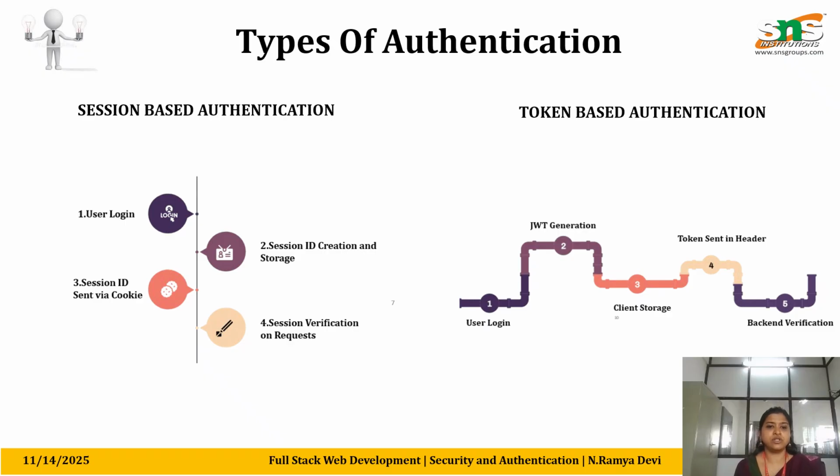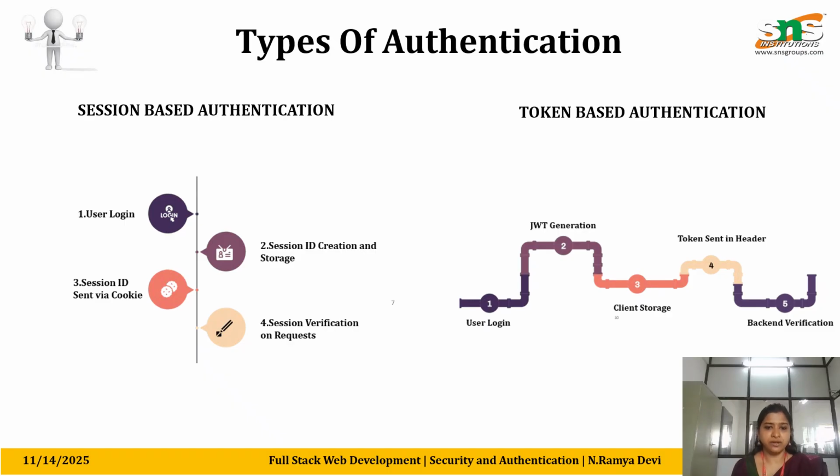So, what are the steps for JWT authentication? The first step is user login. The backend authenticates the user's credentials. If successful, the backend generates a JWT. The next is the front end. The JWT is sent to the client, typically in the response body or a cookie. The third step is the subsequent request.